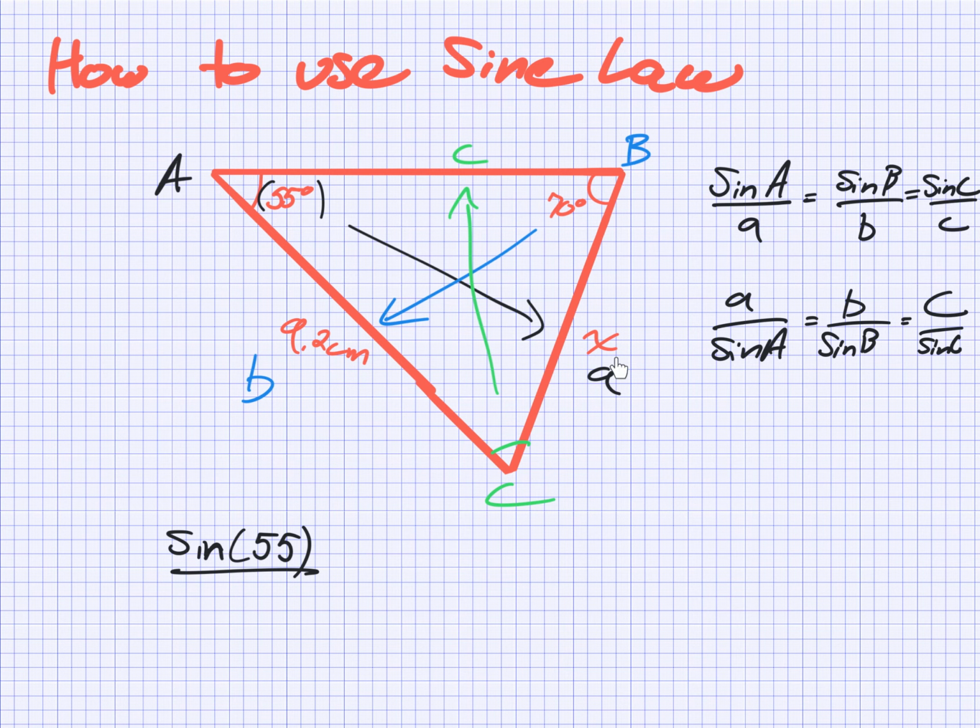It's just so that we're using what's been given to us in this equation. So I'm going to put X for that. For sine B, well, the angle of B is 70, so I'm going to put in brackets here, 70 degrees. And the side of B, we actually have a measurement for. It is 9.2.